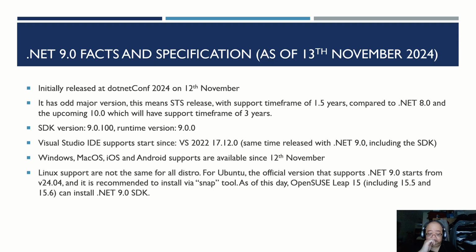We all know that since .NET 9, we have the NuGet audit when restoring packages, but now in SDK 9.0.101, that audit is always run, but it will not be marked as an error if we have a NuGet package that has known security vulnerabilities.